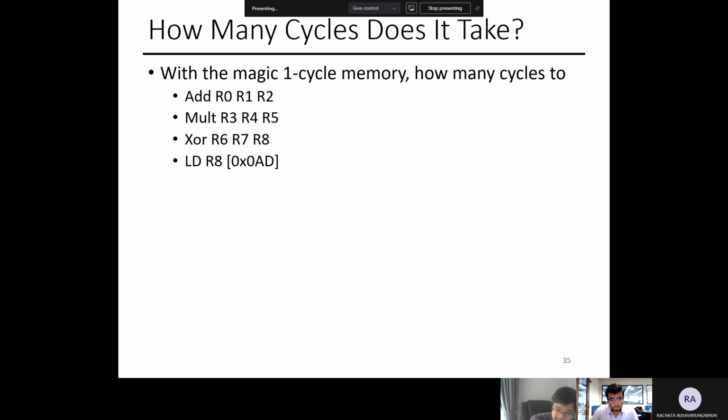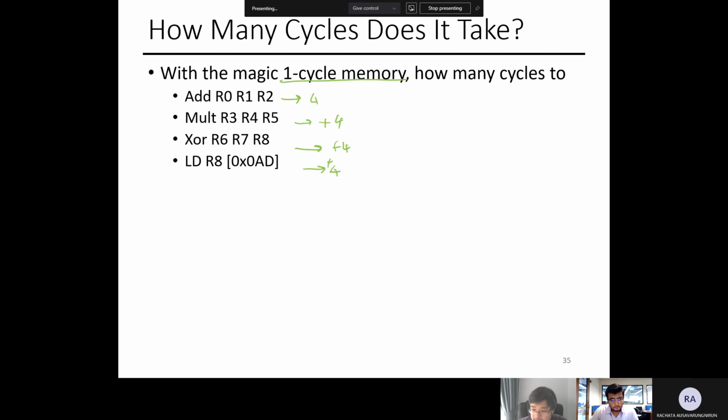If you have the 1 cycle magic memory, as I said, if we have a multi-cycle architecture, there would be 4, and then 4 more to do multiply, then 4 more, and then 4 more. Because we established that yes, this load doesn't involve any ALU, just go to that address and load it.